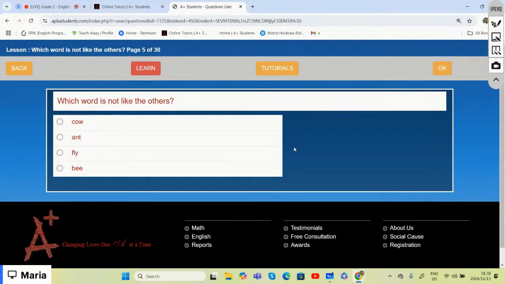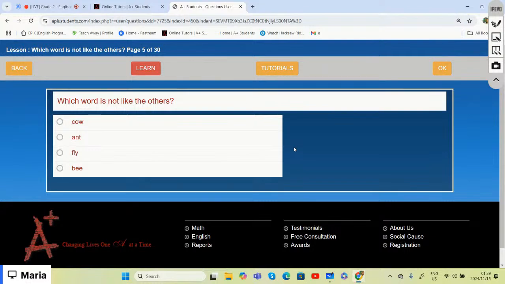And then the last one it says, which word is not like the others? We have cow, ant, fly, and bee. So we may say which word is not like the others.